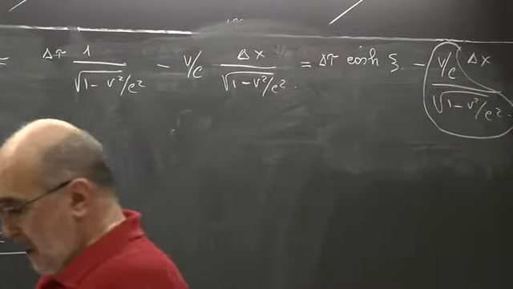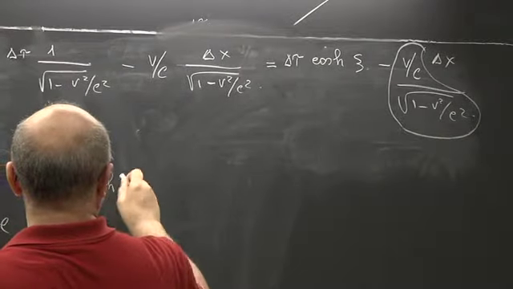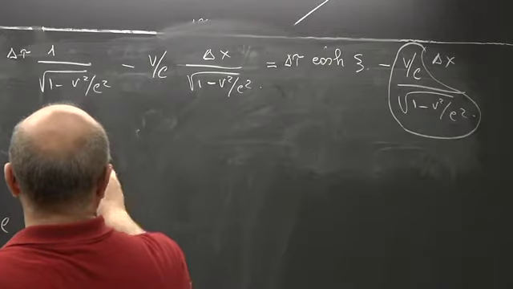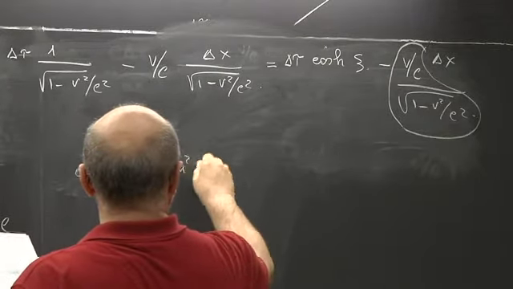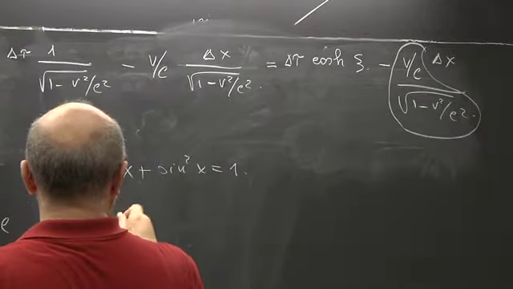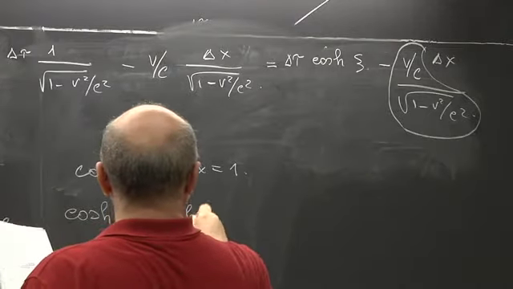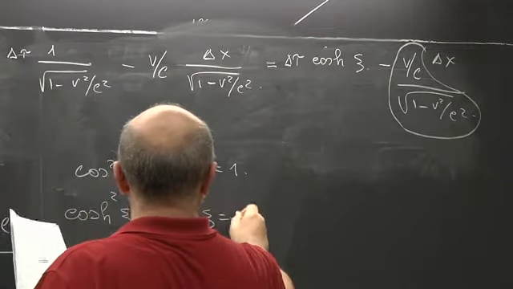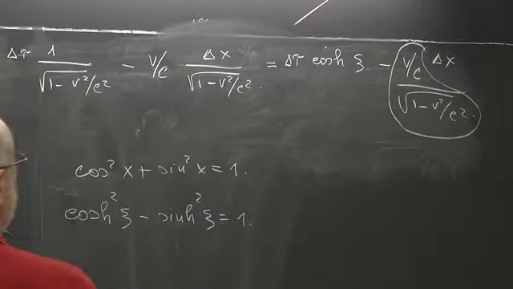Why? You remember there is that famous relation cosine square x plus sine square x equals 1, but there is an analog for the hyperbolic quantities: cosine hyperbolic square minus sine hyperbolic square equals 1.